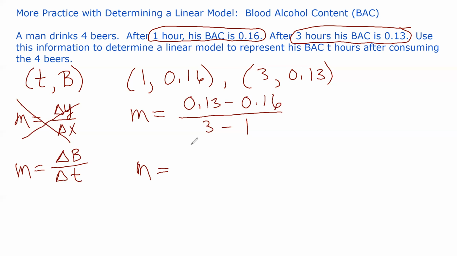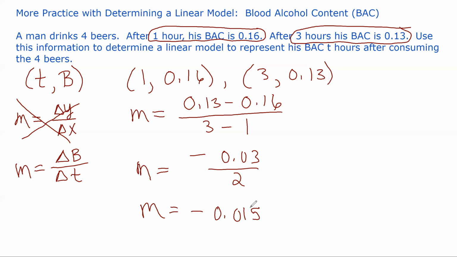So 0.13 minus 0.16 gives us negative 0.03, and then divided by 2 gives us a rate of change of negative 0.015.